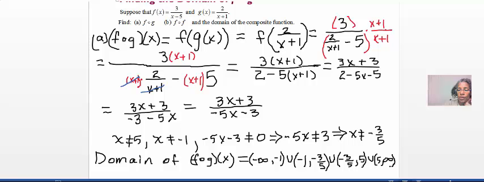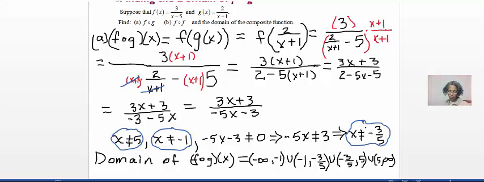So remember, there were 4 values that I had to omit from the set of real numbers. Automatically, I know that that's going to be a union of 4 intervals. You always get one more interval than the number that you have to omit from the set of real numbers.